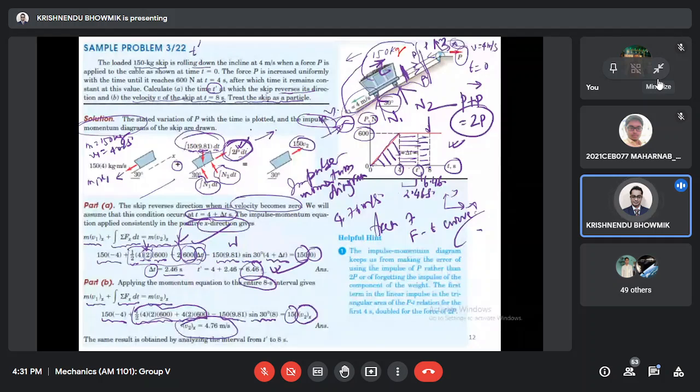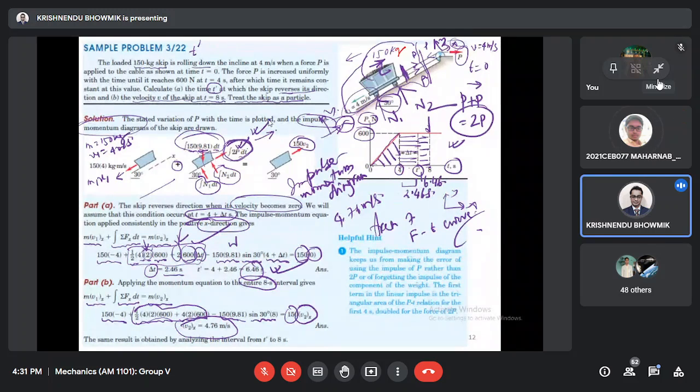If I utilize this expression once again, where V2 is the unknown, and starting from t equal to 0 itself, then you can get this velocity V2x equal to 4.76 meter per second. Am I clear?